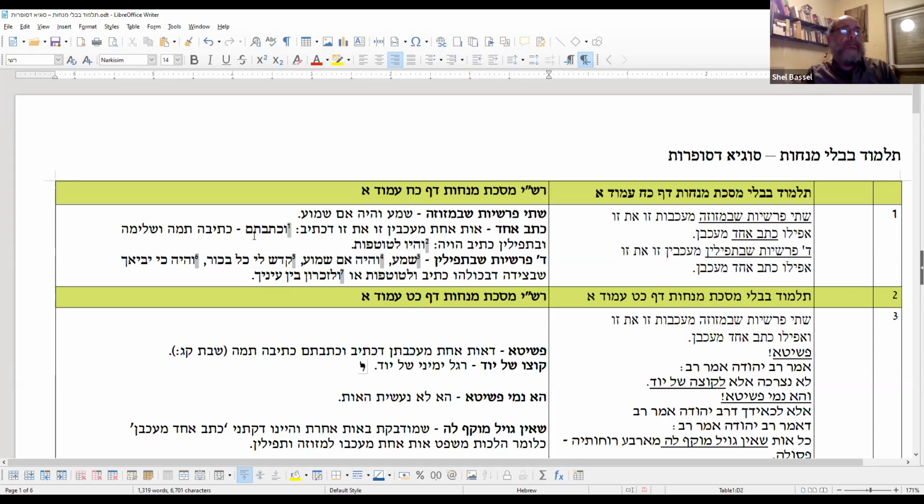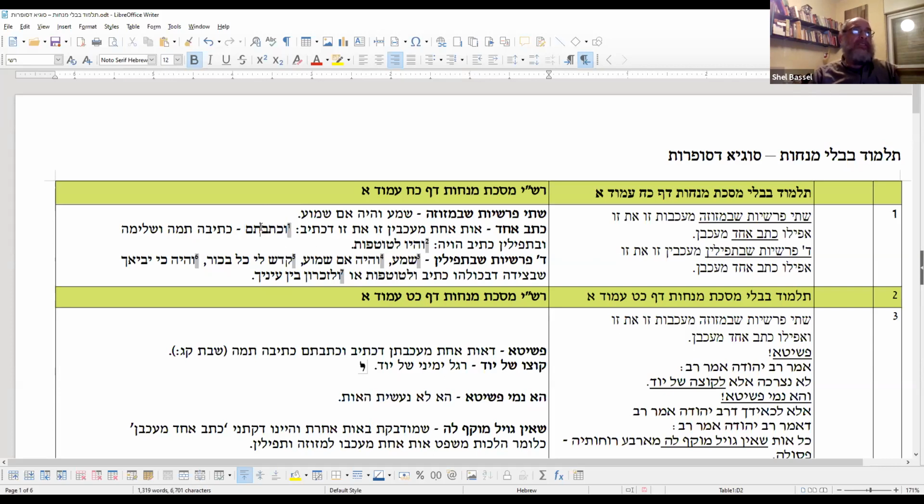Tichtiv uchtavtam, ktivat tama ushleima. So here again we see the drasha of uchtavtam, and even though we'll see when we learn the sugya later on in Perek Aboneh and Shabbat, this particular example of ktivat tama is not brought there.